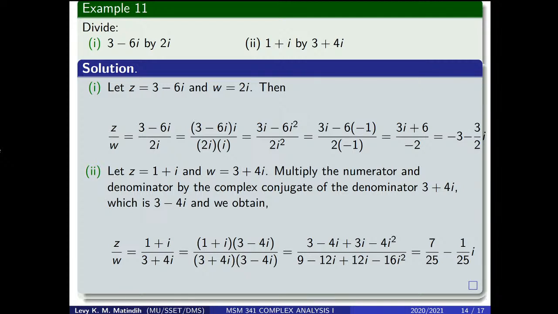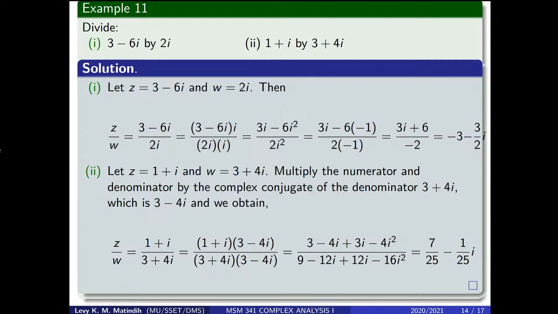In part 1, let z be equal to 3 minus 6i and w be equal to 2i. Then z divided by w is equal to 3 minus 6i over 2i.